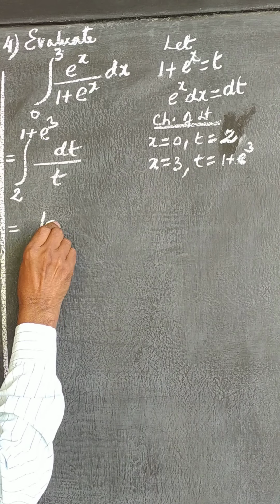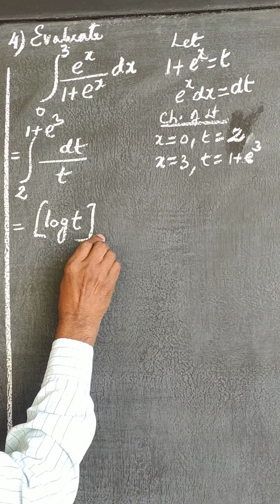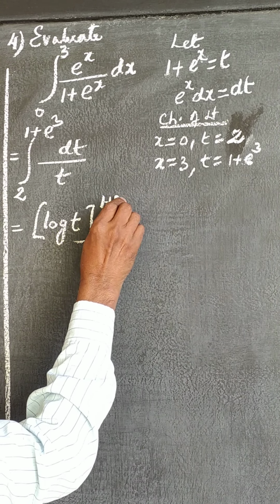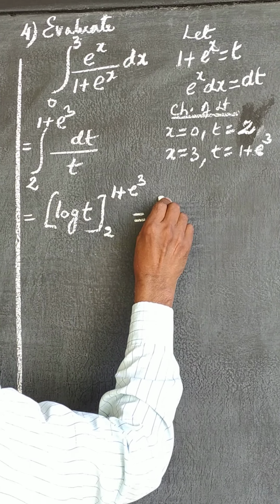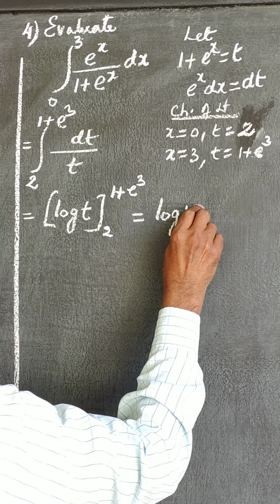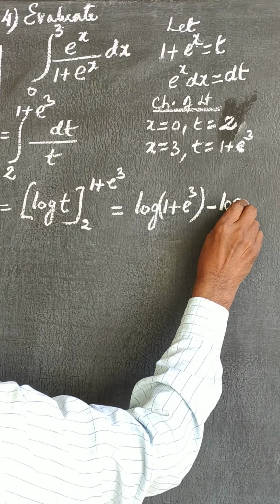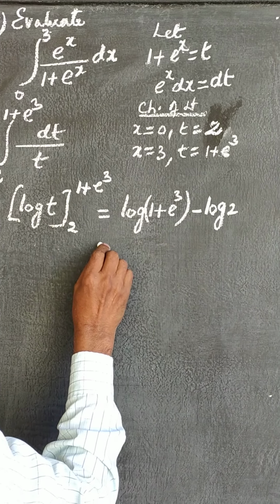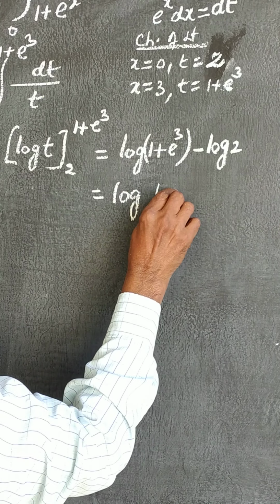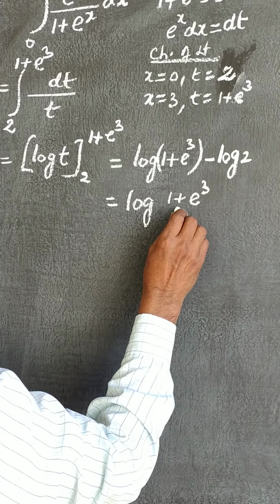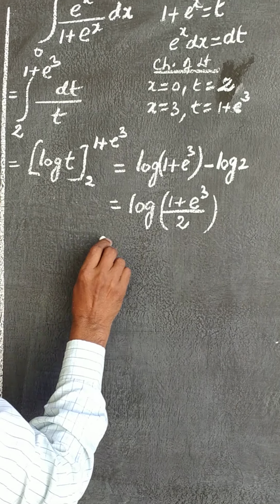After integration, you get log t from 2 to 1 plus e cube, which is equal to log of 1 plus e cube minus log of 2, or we can rewrite this as log of (1 plus e cube) by 2. Next one.